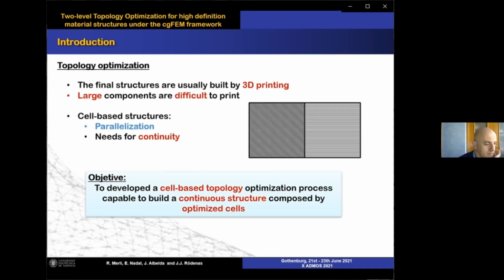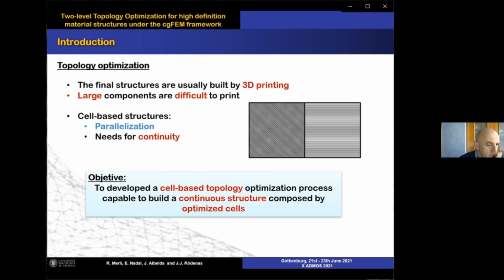Well, when I want to obtain the optimal topology of a given structure, we use the standard SIMP method. However, in some situations, we want to split the structure into cells and then optimize the cells. Then what happens is that the structural continuity between cells is difficult to guarantee.